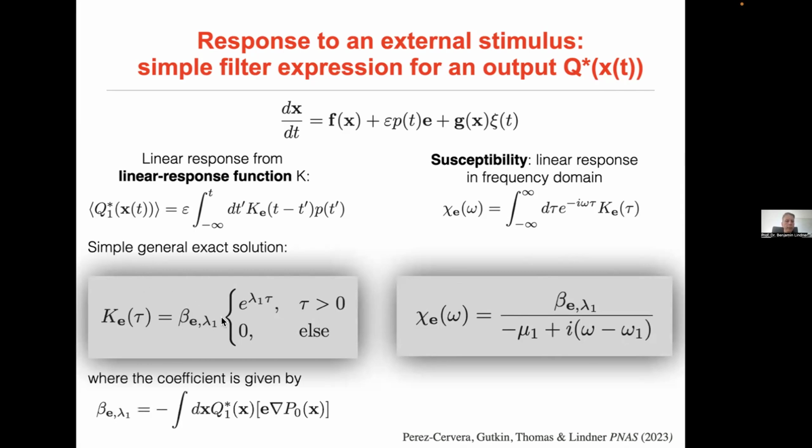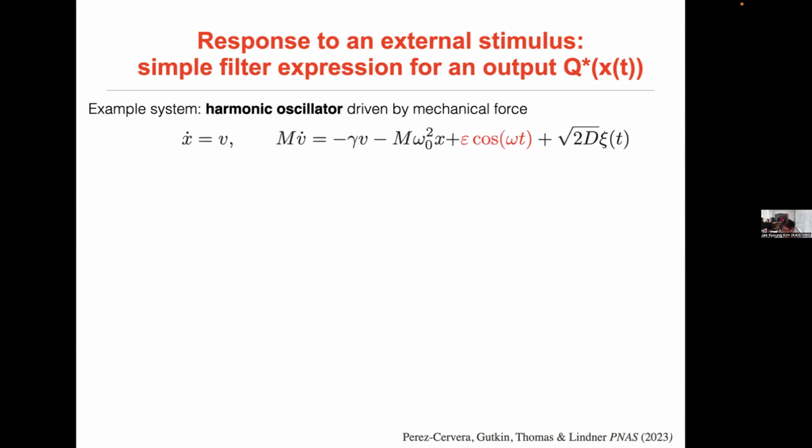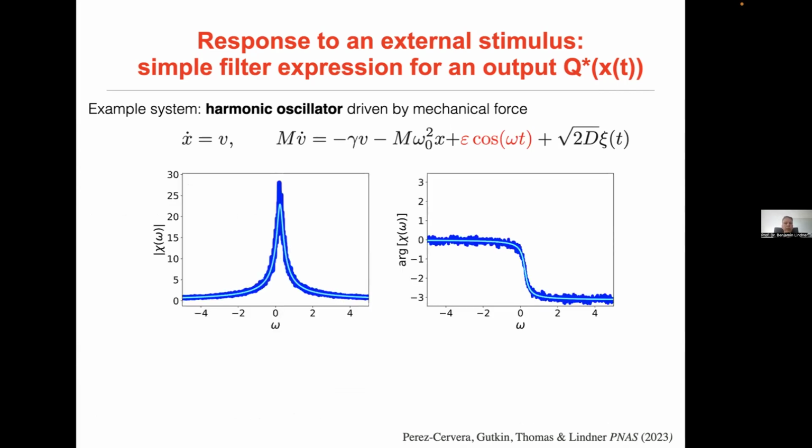And you may wonder what this prefactor is. The prefactor is determined by our Q1 function and the gradient of our stationary density. And what enters here is the dot product between the direction of perturbation and this gradient. So this will affect only the amplitude of our response function, but not really the time course of it. Now, one can check this for the different systems, for instance, for the harmonic oscillator.